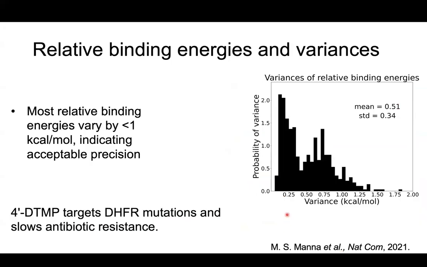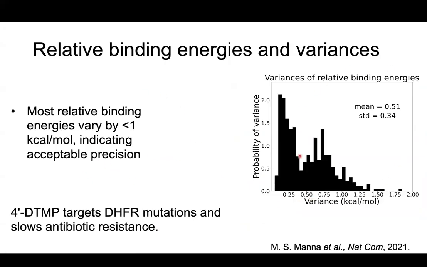And also with the relative binding energies, there are variances, and when you subtract some energies, the error accumulates. Even within the accumulated sense, we want the variances of energies to be lower than 1 kcal per mole.